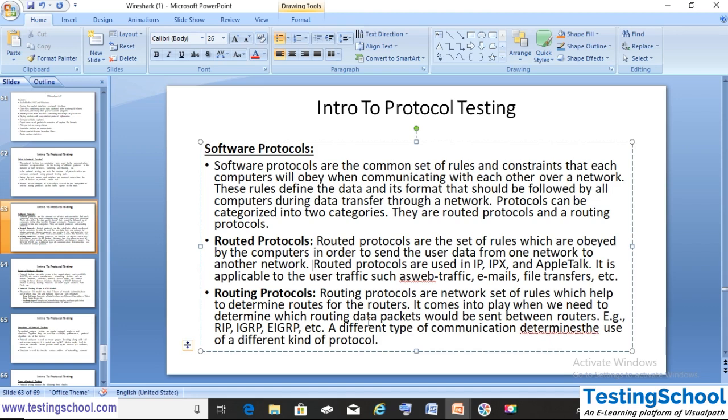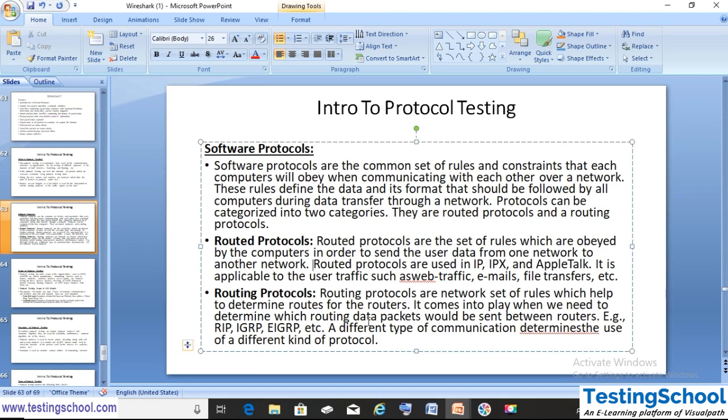But in a routing protocol, what you share is not the actual data, it is the routing information. We'll go to the next slide.